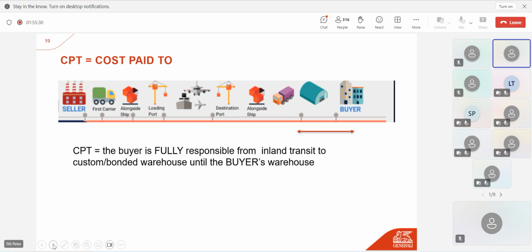But if it is in the Incoterms by the seller, in the seller's shipment, it means the seller is responsible all the way up to the custom or bonded warehouse. This is quite good on the side of the buyer because you don't have to worry about anything until the warehouse. You just go down and collect your stuff. Very simple, very straightforward. All right.